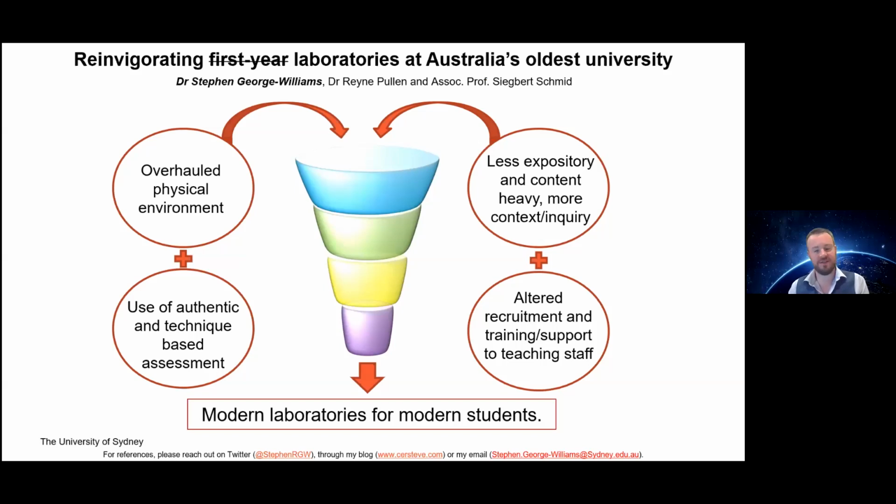So we need to overhaul their physical environment. We've started to do that. We've talked about how to bring in better assessment protocols in the bottom right corner. And we've talked about how to make things away from that theory-based focus. I haven't talked much about the teaching staff, and I'll come back to that in another couple of slides.